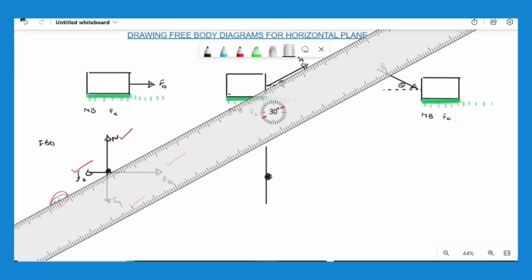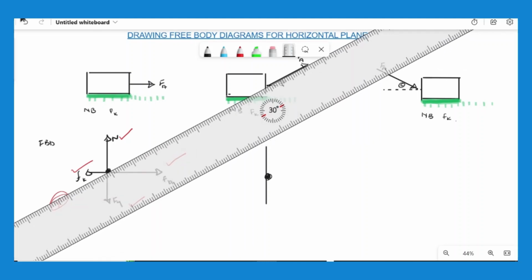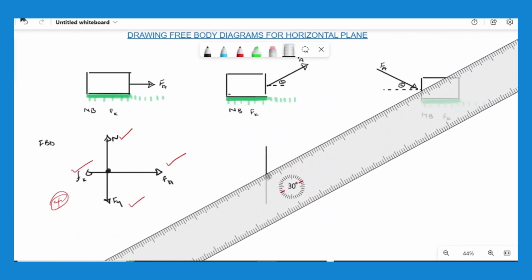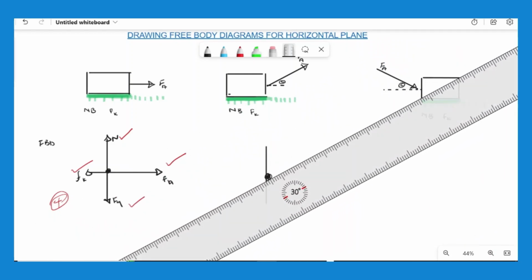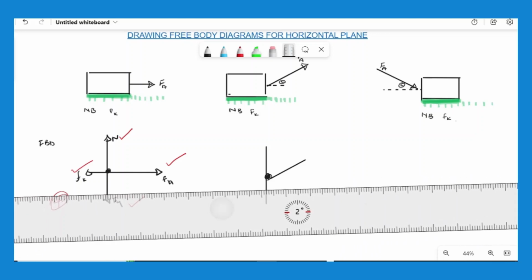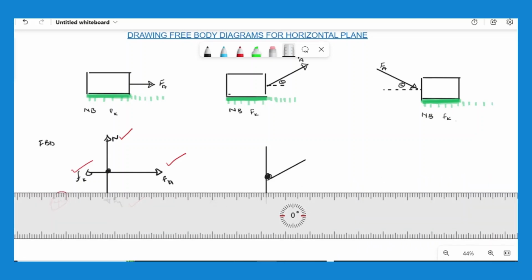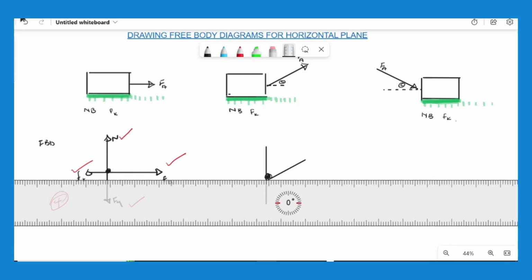So I'm going to take the force as it appears from the force diagram as it is. Then I put it there in my free body diagram, and I know the force was pointing away from the object. Then I know that along the motion, I have my frictional force opposing the motion of the object.